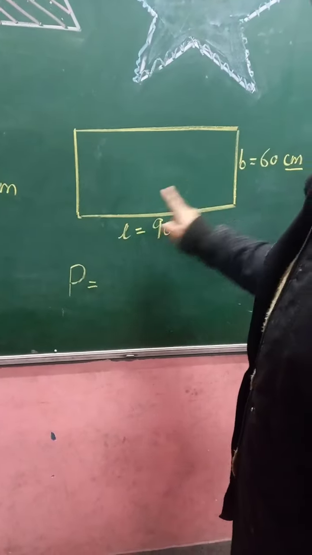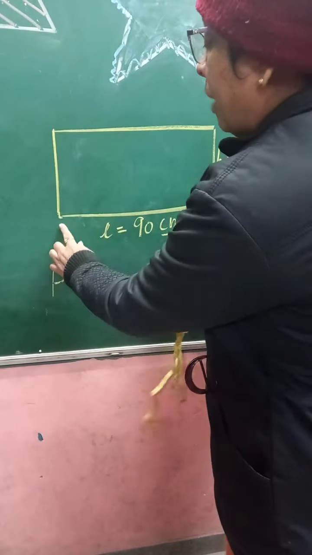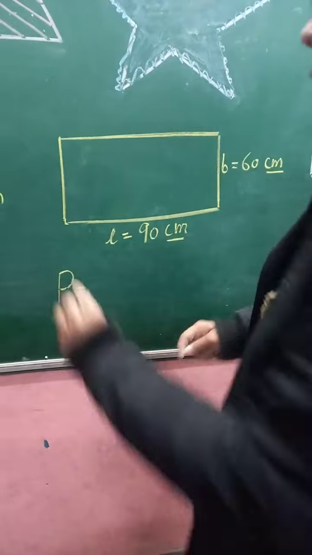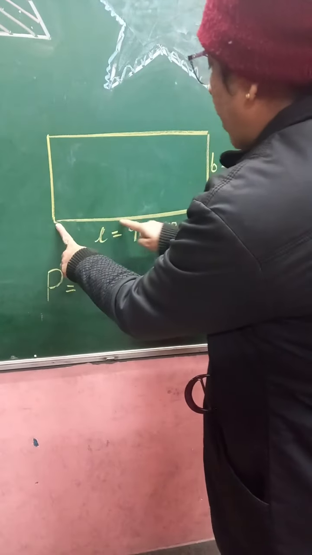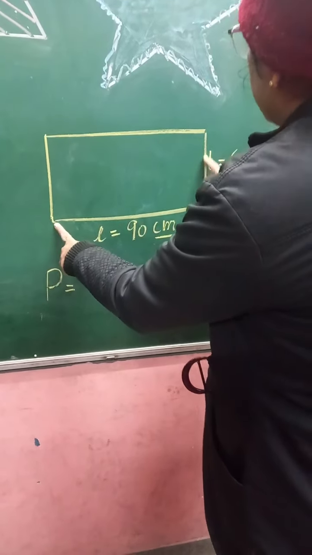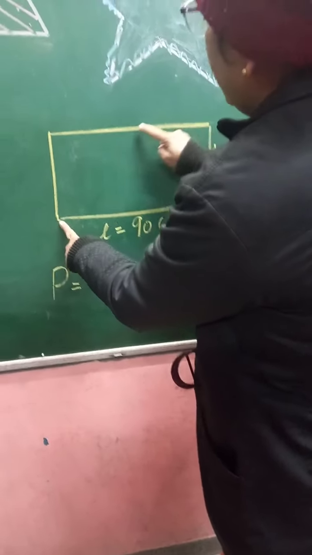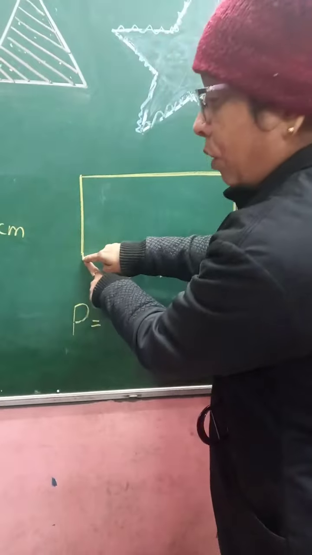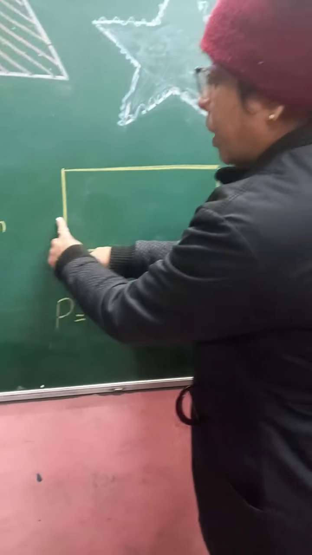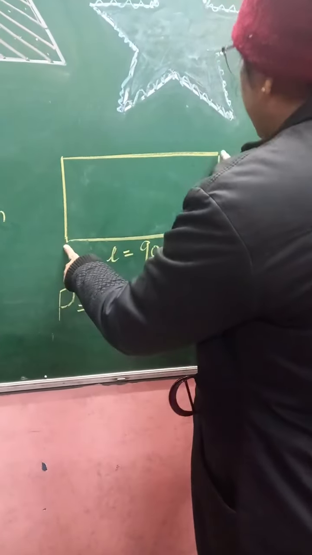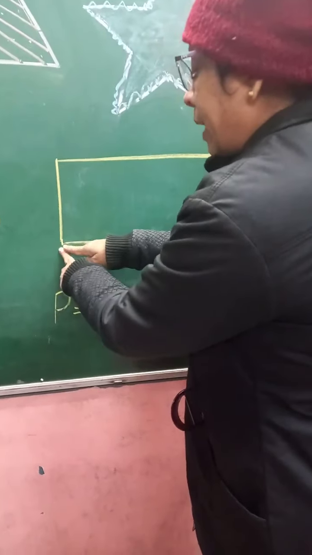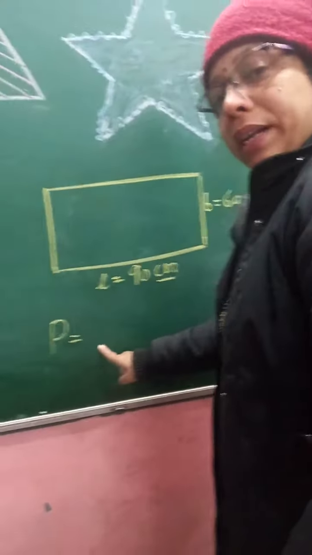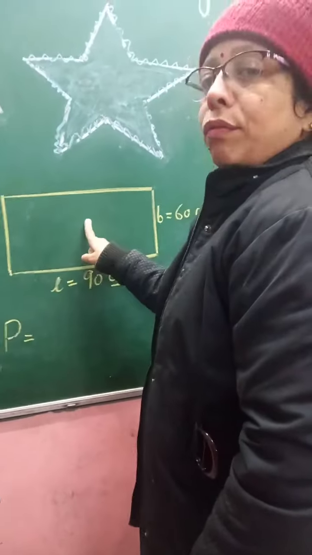So its perimeter will be, see, I will start running my finger from here. So this length, then this breadth, then this length, and coming back to the same point from where we started, this breadth. If we add these four sides, then we will get the perimeter, that is the boundary of this figure.